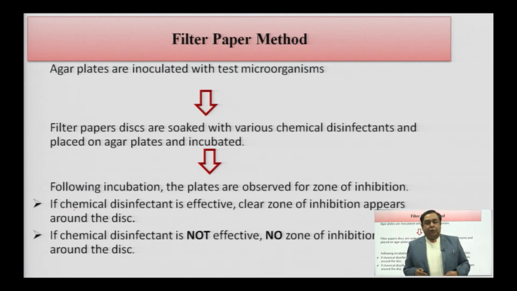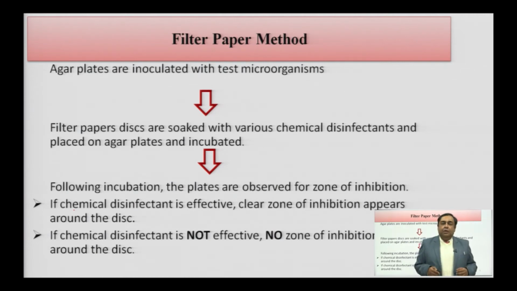Whenever we put one on the surface, if that filter paper was soaked with the disinfectant at a concentration at which it has the capacity to show inhibitory property, there will be a zone of inhibition.